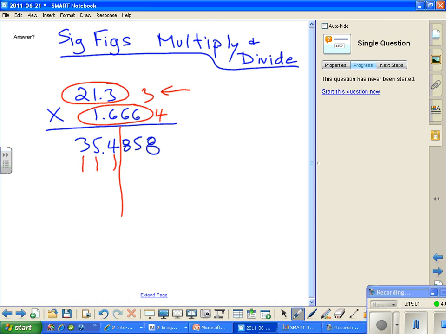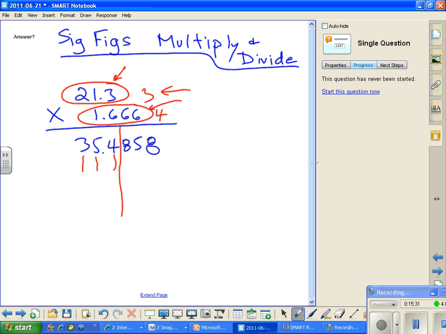We can't do the dropping like we do in the other ones. Oh, no, absolutely not. Because this number right here is accurate to three significant figures. This guy right here is accurate to 4 significant figures. So when they were measured, that's how it works. Now when they get multiplied, that's a whole different issue than adding and subtracting.